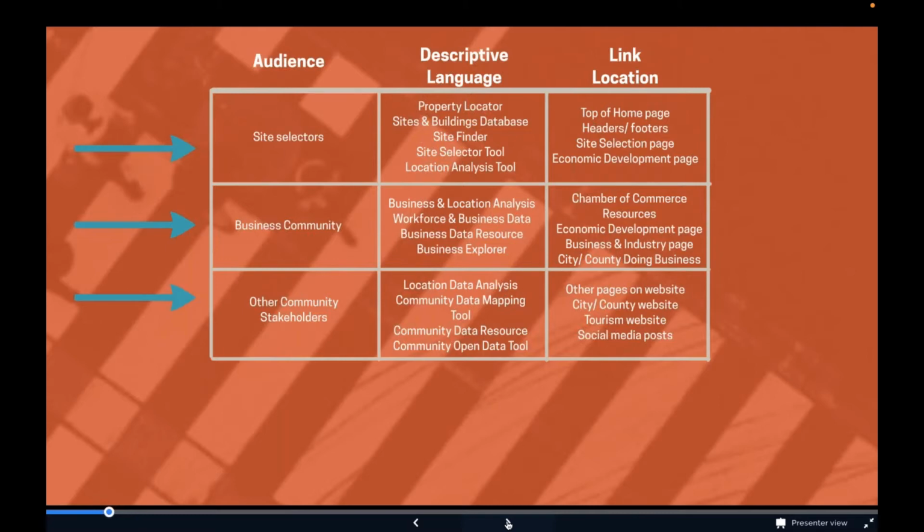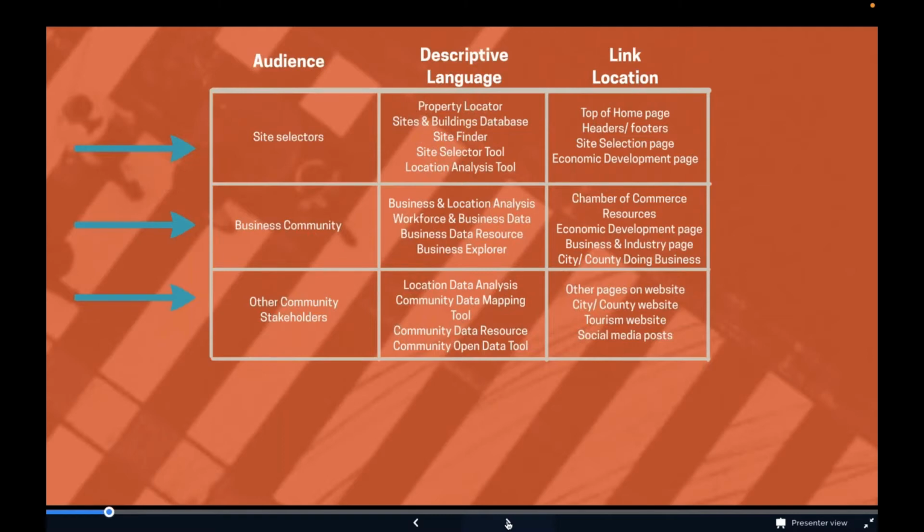So you want your site selectors and your businesses making location decisions, your potential investors. That's the top left-hand column, really important. We need to think about what language those folks are going to be looking for on your website to make their journey through to find the information they need, but also what keywords they might use that you can use to draw them to those pages.